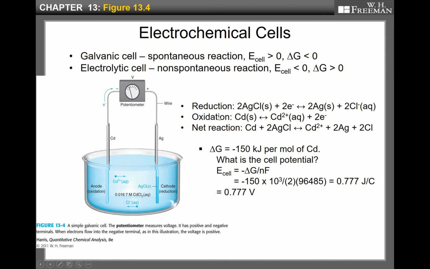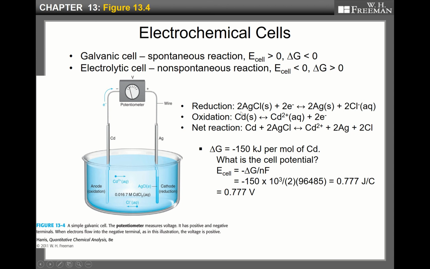If you add these reactions together, you can write: solid cadmium plus two silver chloride gives divalent cadmium ion, silver metal and chloride ion. I'm sorry, the negative sign is missing here. This is the net reaction. In the net reaction, electrons don't appear here. But actually electrons come out of the cadmium metal and enter the silver chloride.